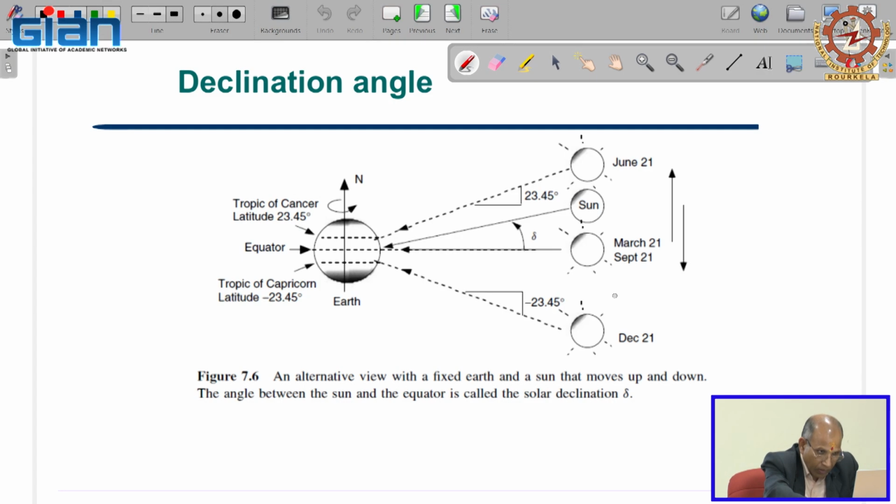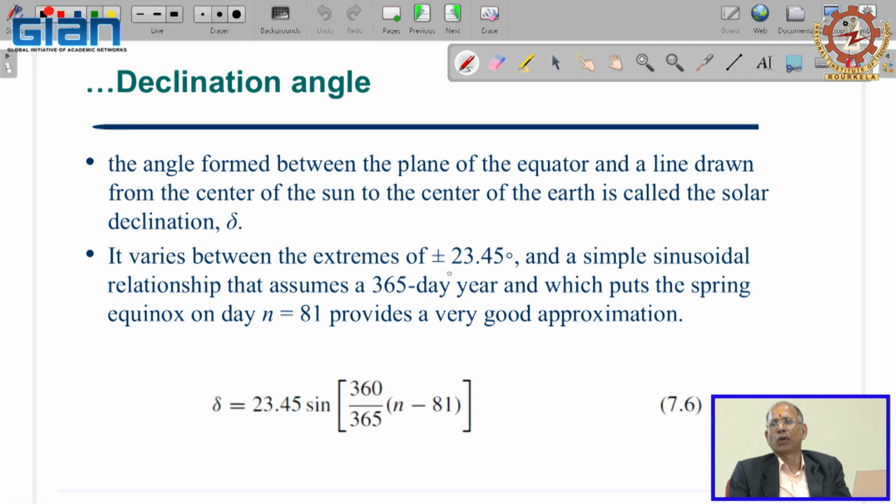Why are we doing all these angles? In the end, what you are going to see is at what angle you are going to place your PV panel. Why are you trying to learn so many angles? The story is simple: at what angle are you going to place the PV panel.